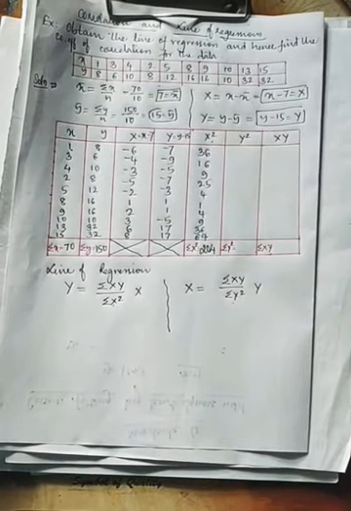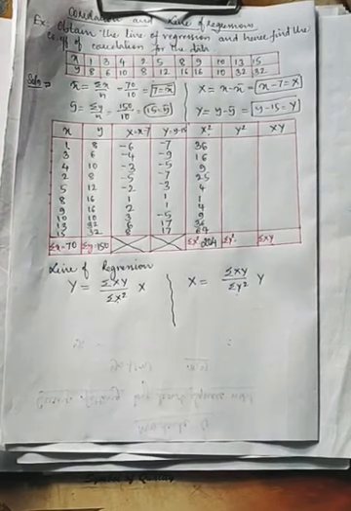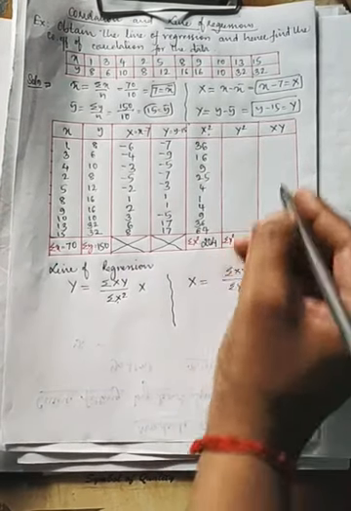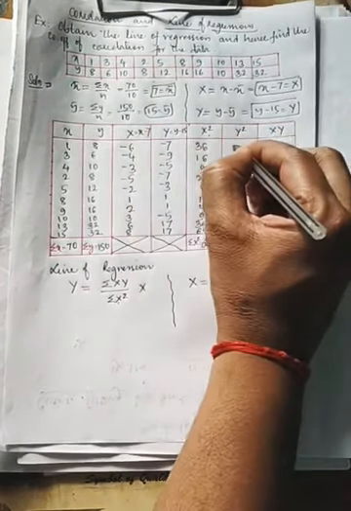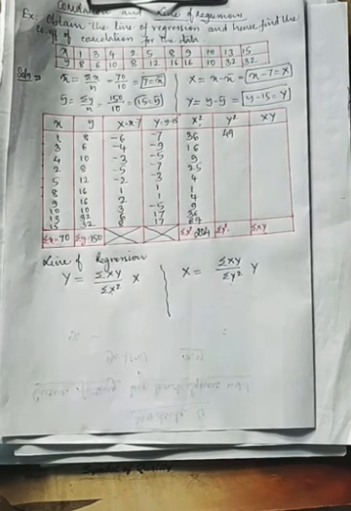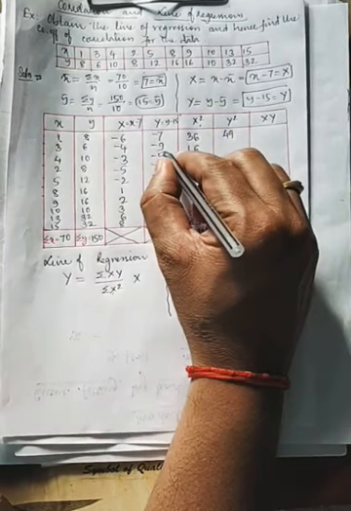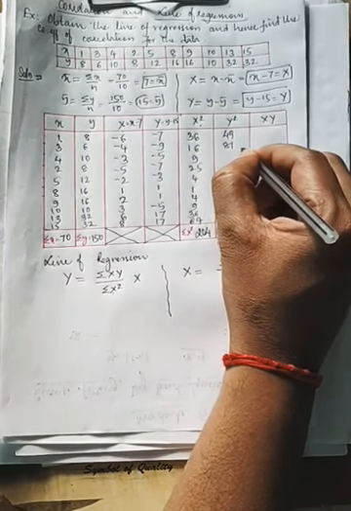What is the Y square column now? You can see what is Y square here. Y square is equal to minus 7 square, 49. Then comes minus 9 square, 81.